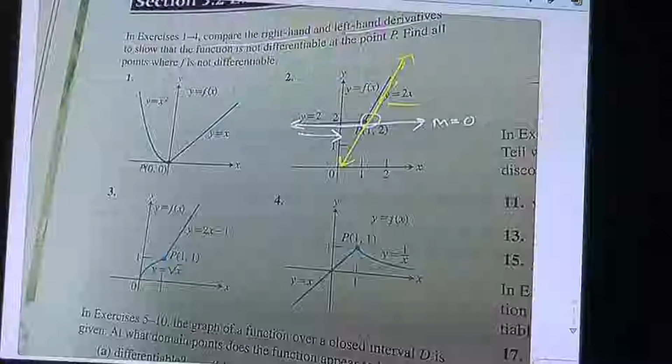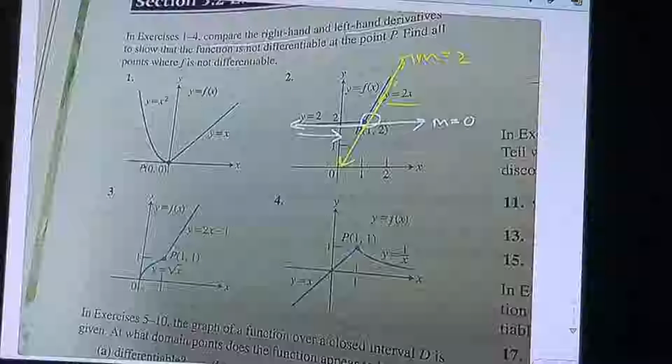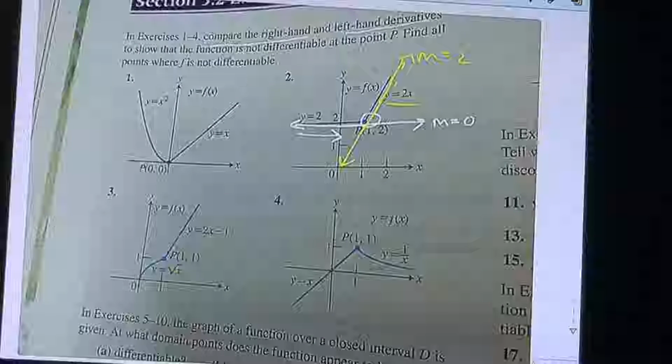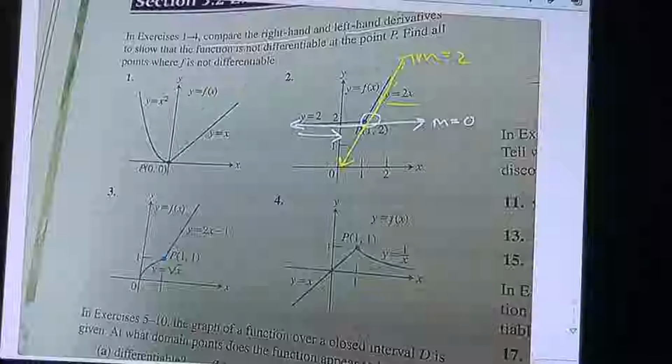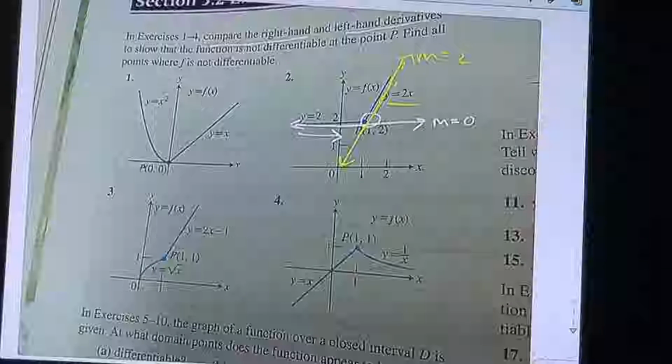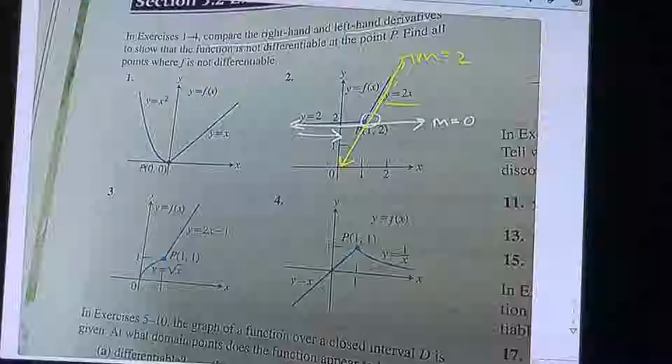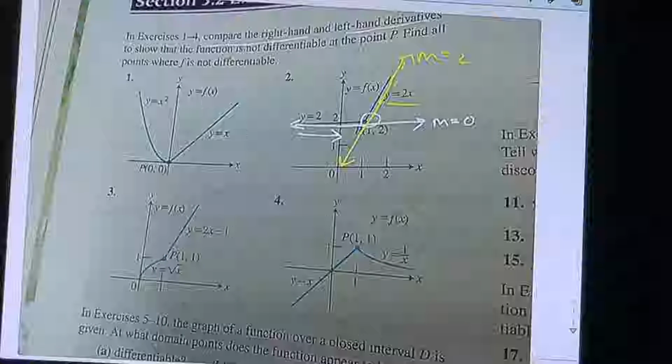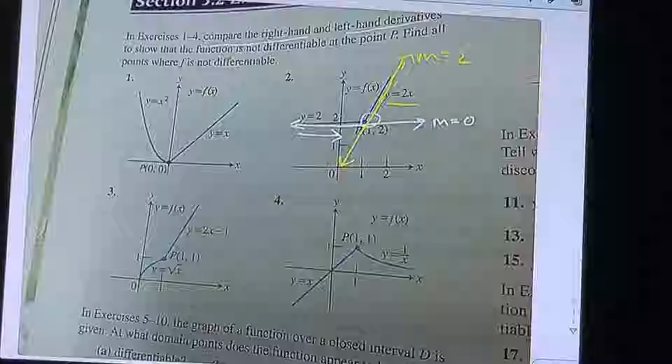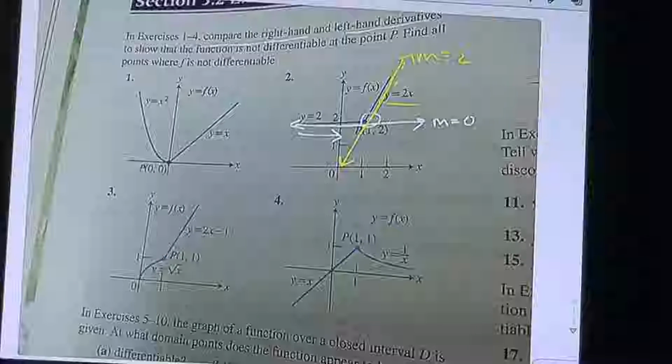That one has a slope of 2. That's all you have to do for those. So this one, 2. This one's a curve.